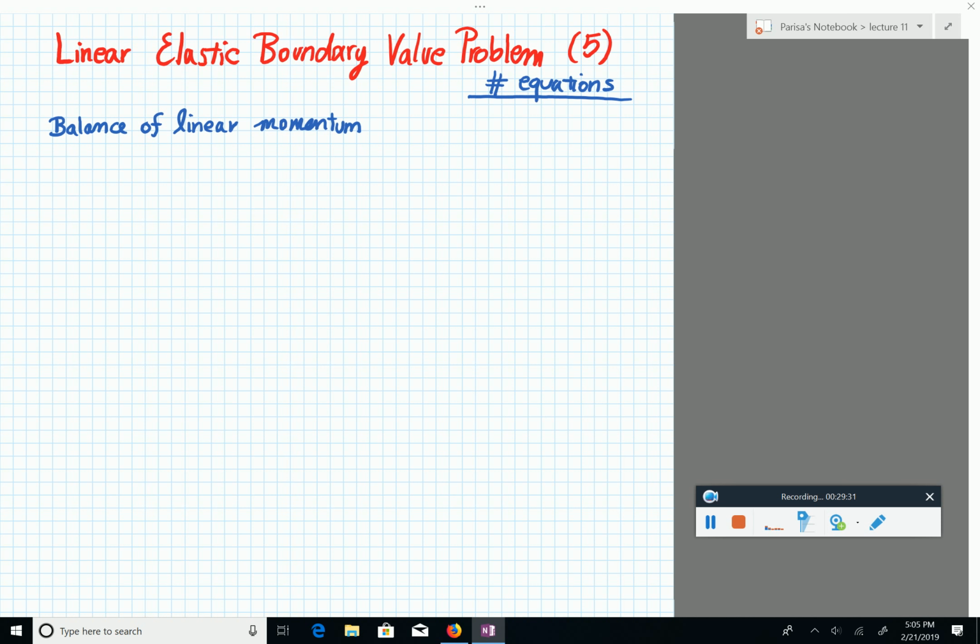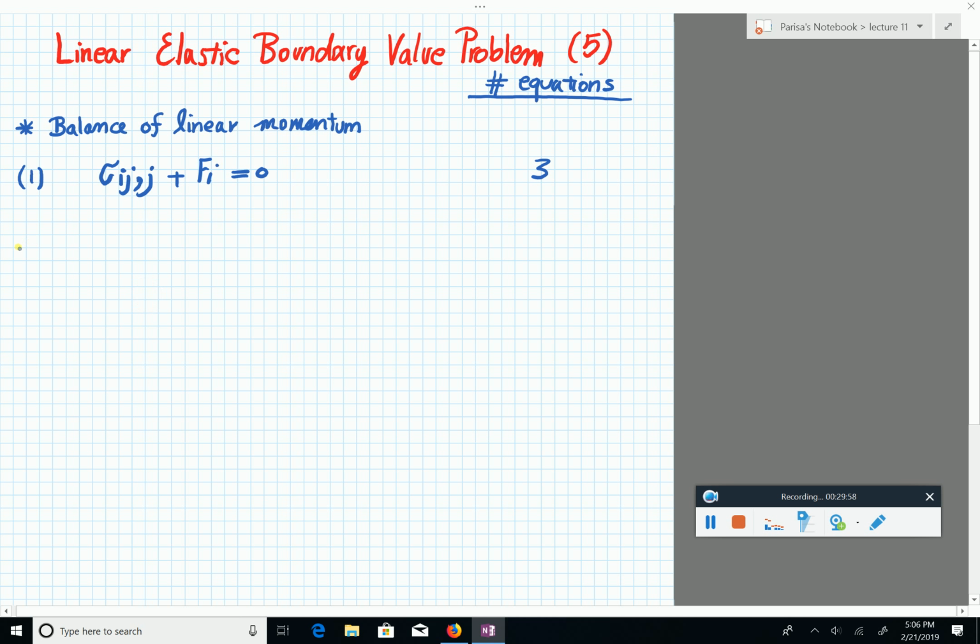You should now be able to write it on your own. So I write it like this in index notation. How many equations is this? It's 3. I call this equation number 1.